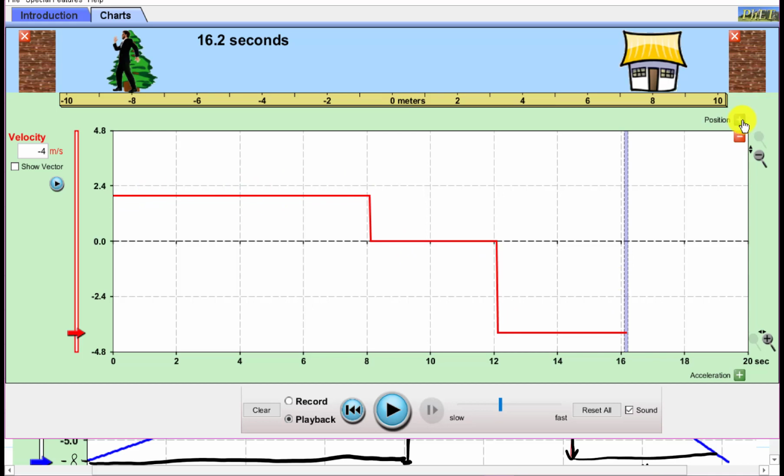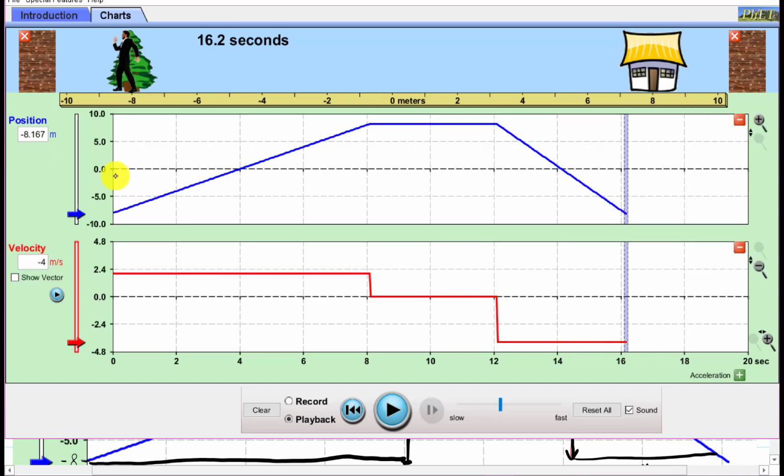If I show you the position graph, you'd go, oh, at 0, it's right there, because that's where it crosses, and right here, that's where it crosses. But if I just show you the velocity time graph, you don't know where I started, so you would not know where I am.